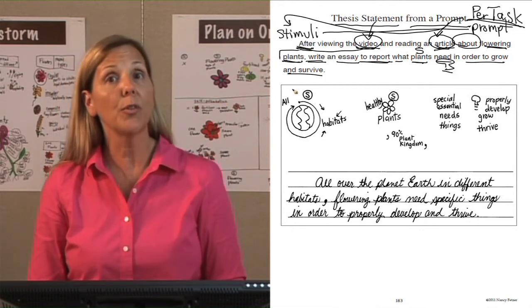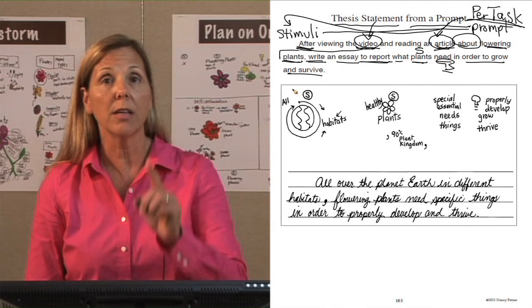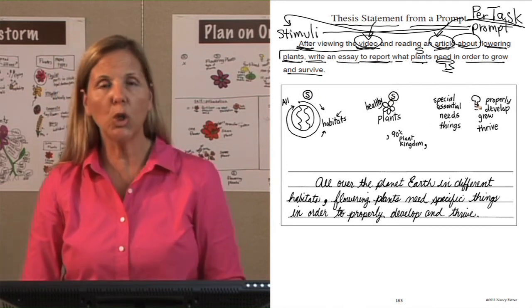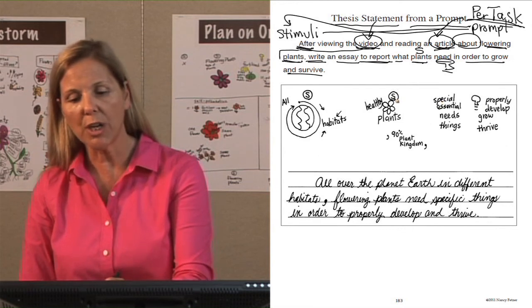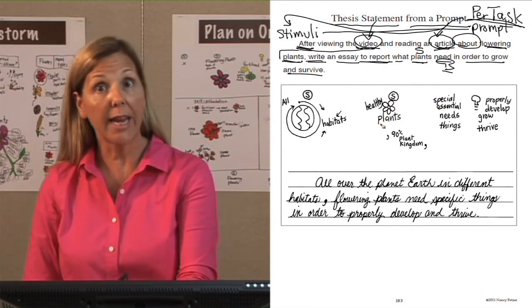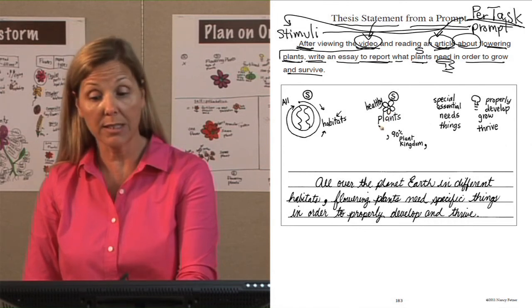I then follow the steps to write my thesis statement. Step 1, write SS light bulb. Step 2, subject. Who or what are we talking about? We're talking about plants and flowering plants.